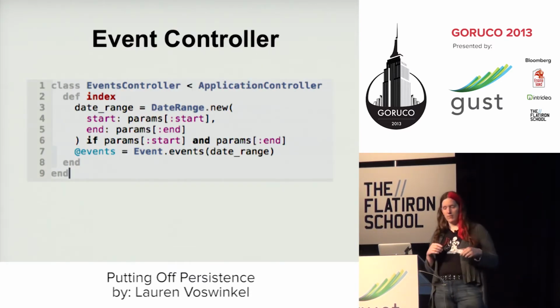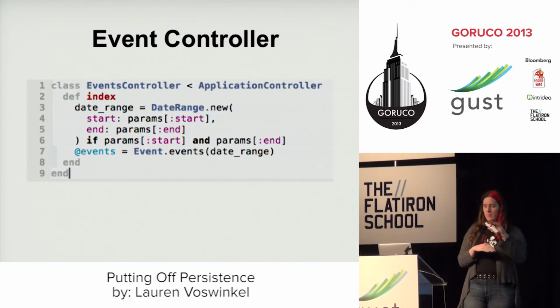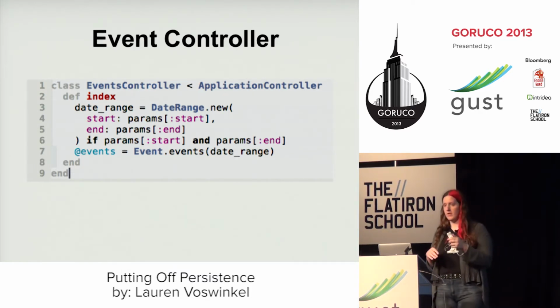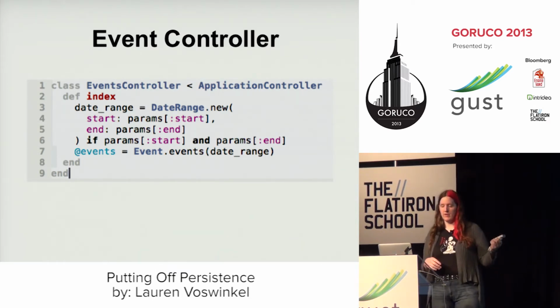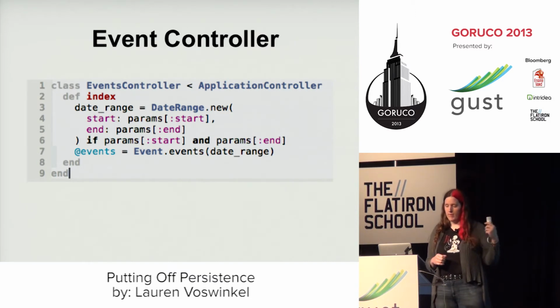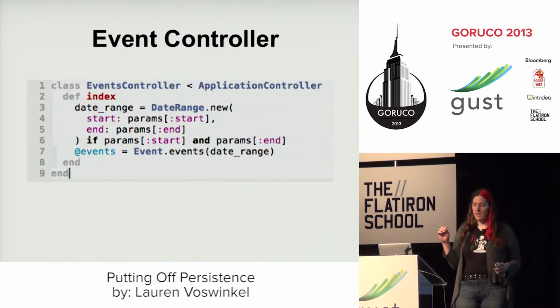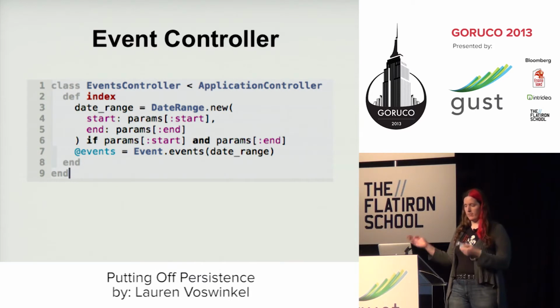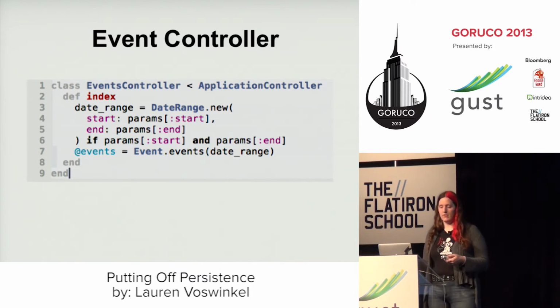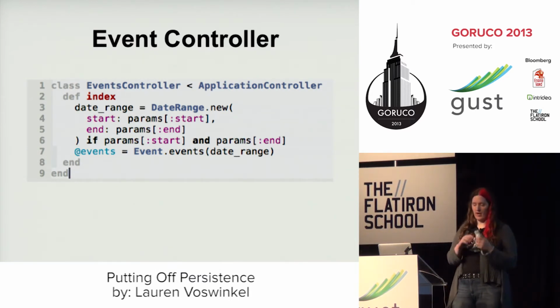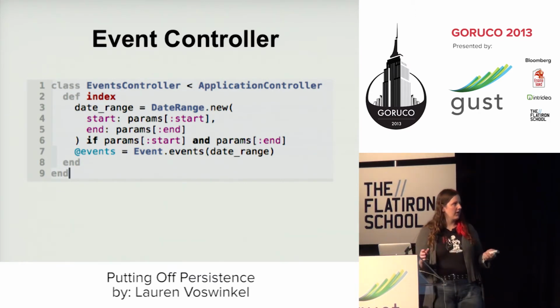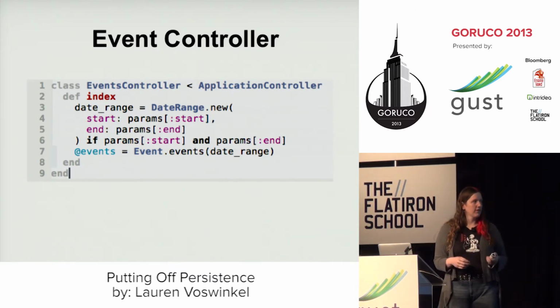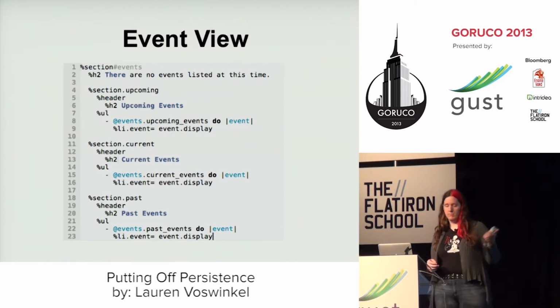I pulled out all of that other code that set up what event was and set up the methods and everything. And now I'm just having it create a date range if parameters were given in the URL. And if they weren't, just sending nil instead, and that just gives the entire array. So again, pretty basic.